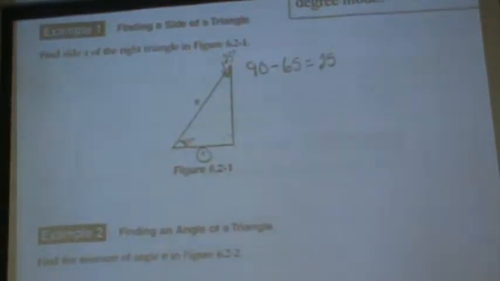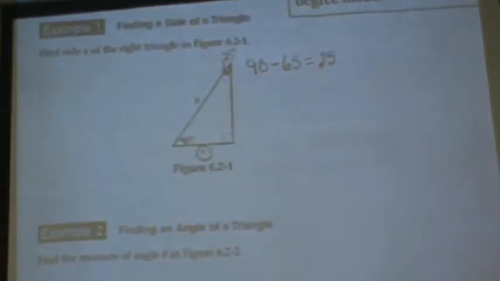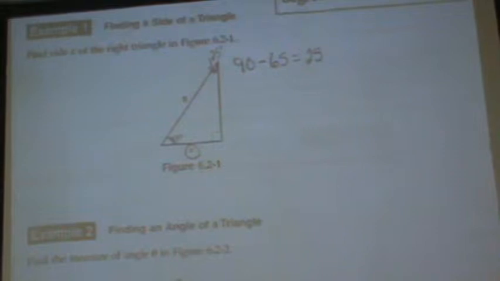So our last angle here is 25 degrees. And then to find x, we're gonna use one of our trig ratios, whichever one you wanna use. You can use either the 65-degree angle or the 25-degree angle, and whichever trig function you wanna use to find the x.